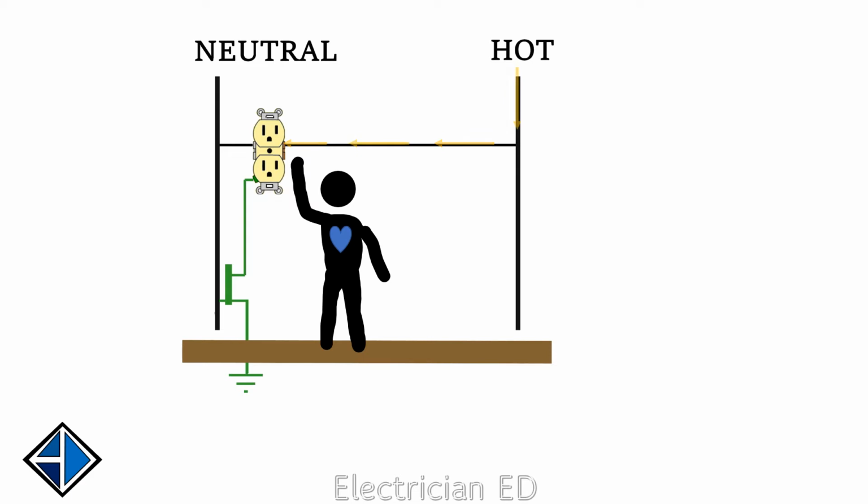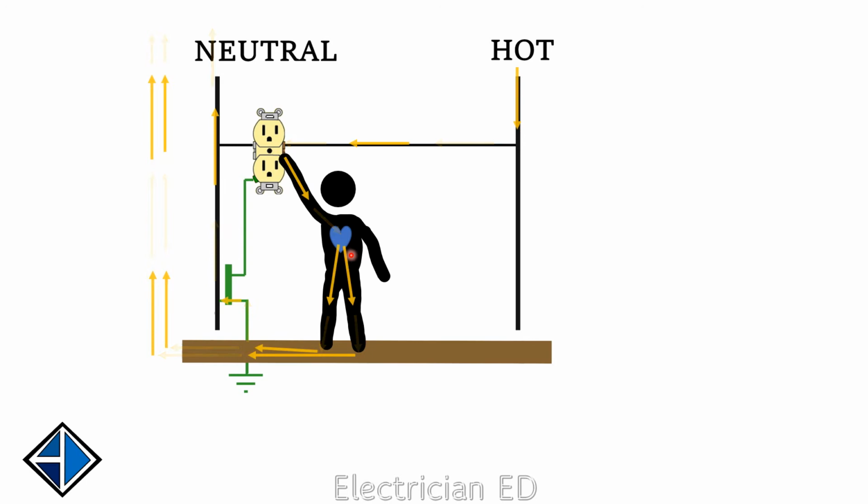If a child came up and found an unprotected portion of the system, this could be an adult also, and makes contact, now we've got actual current flow. Before this was just potential, it was just an open circuit. But it's an abnormal circuit. This is a ground fault, and it's going through his arm, through his heart, down both legs.